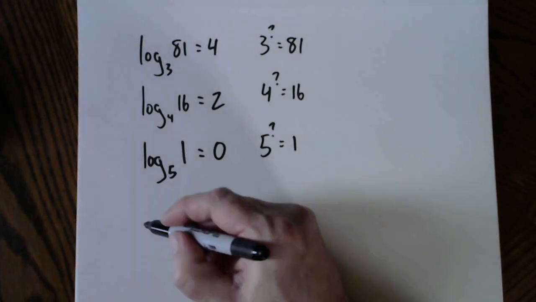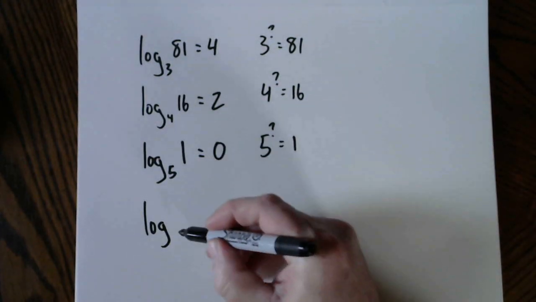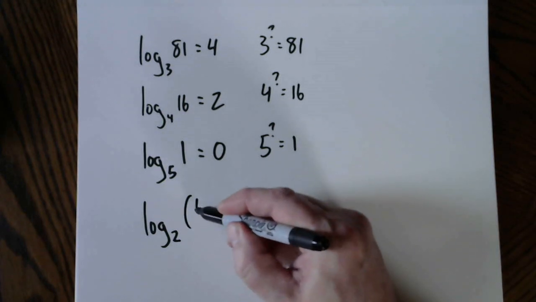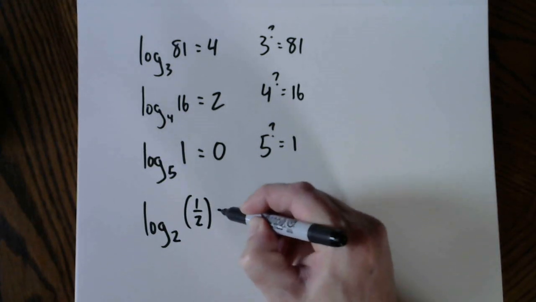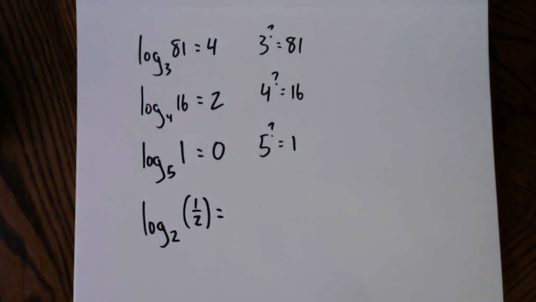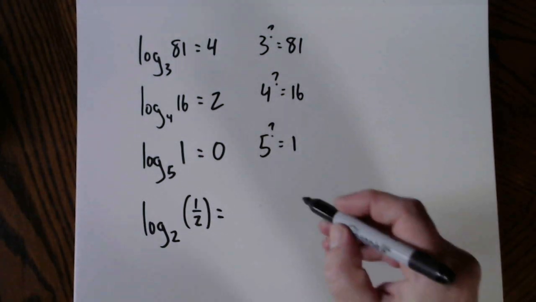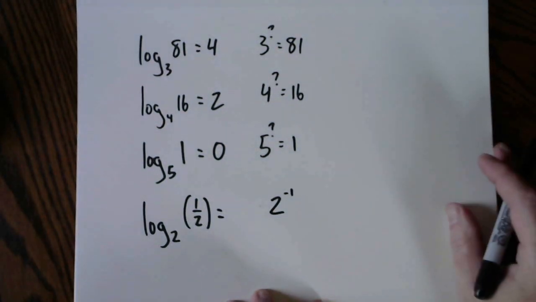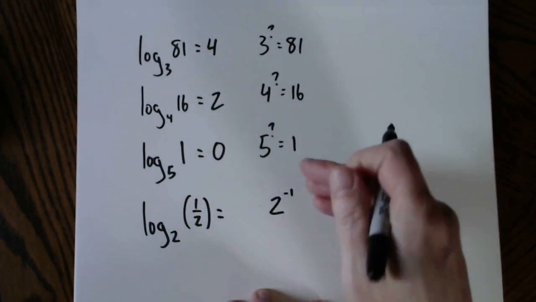So this might look a little strange. Right? What do I have to put on 2 to get a half? And you might say, well, that doesn't even seem reasonable, right? But what happens when you have a negative exponent? Right? You flip. You move this to the denominator.